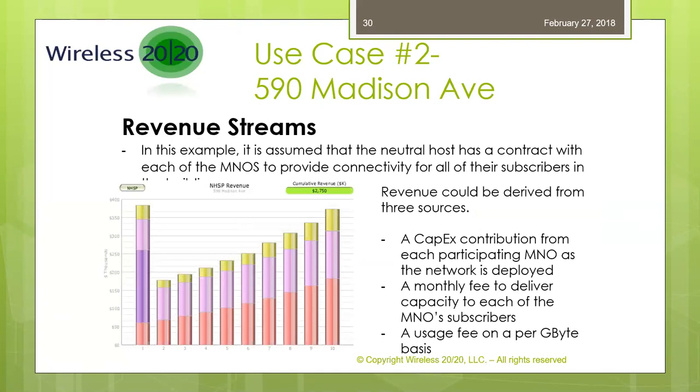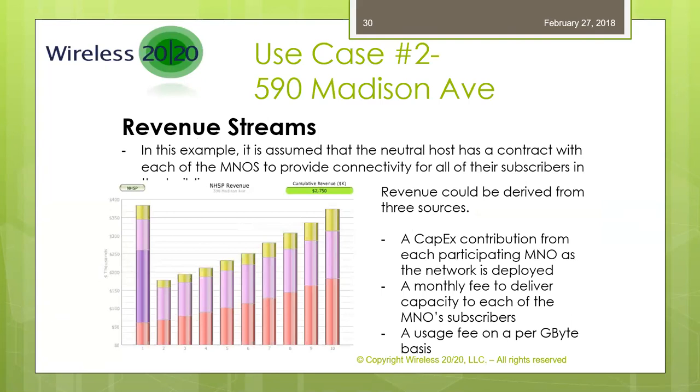So in the model, we look at revenue streams, and this is what we see as fairly typical of a building of this size. Of course, as the traffic requirements go up, the revenue can certainly increase. There are a number of different business models that can be found.